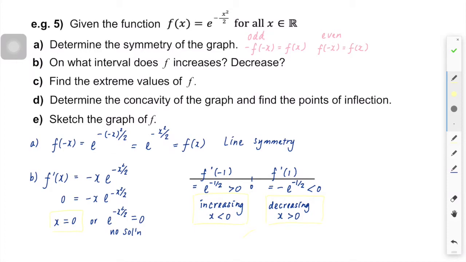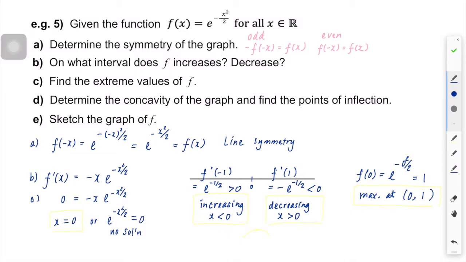If I make a sketch like that, there is a maximum at f of 0. Let's figure out the y coordinate of that. We have f of 0 equals e to the power of 0 squared over 2, which is 1, meaning that there is a maximum at (0, 1). That's part B and C together.